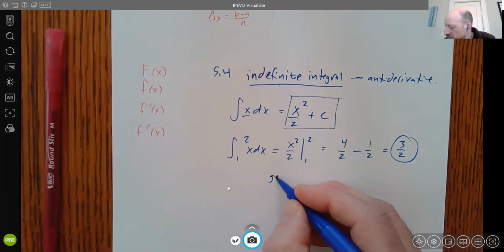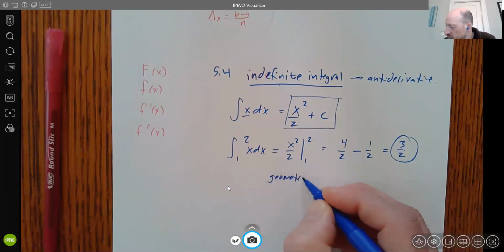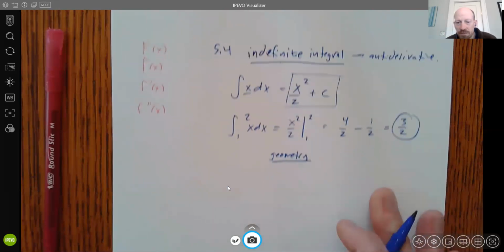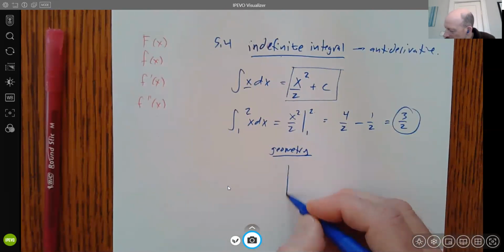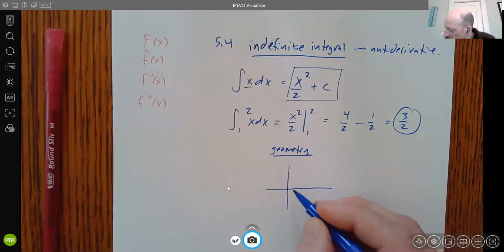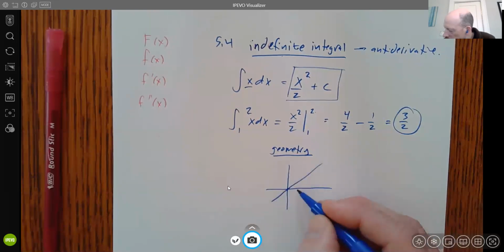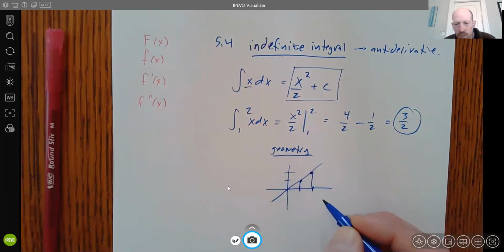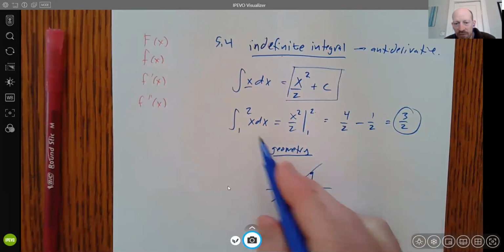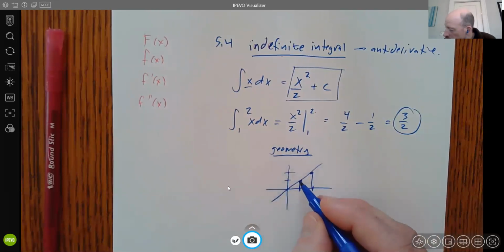If I said geometry, well, in that case, I'm looking at this area. This is y equals x between 1 and 2.